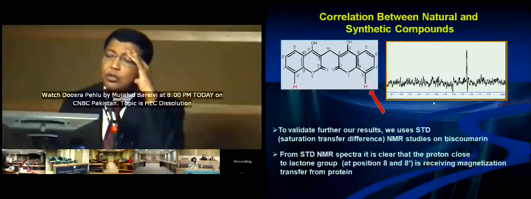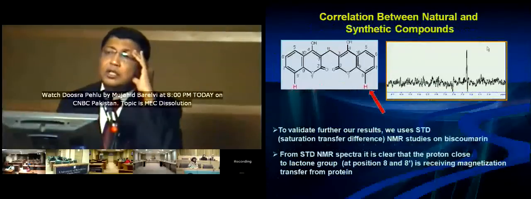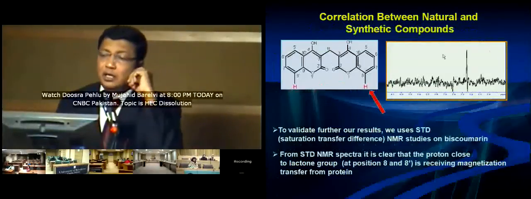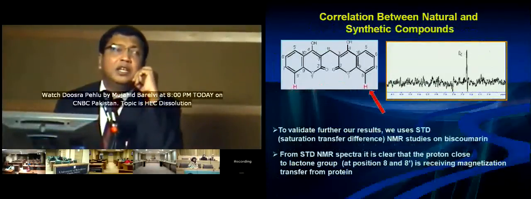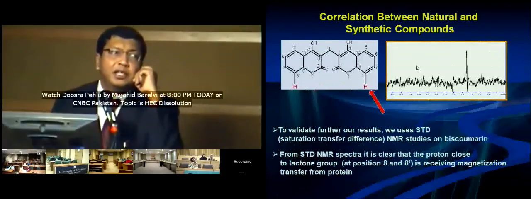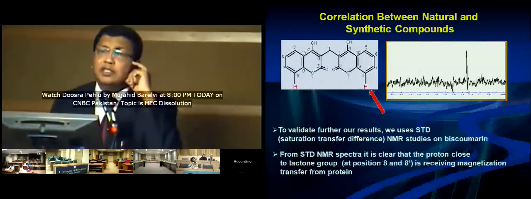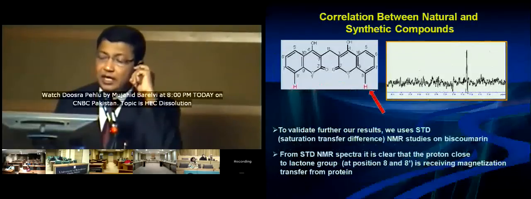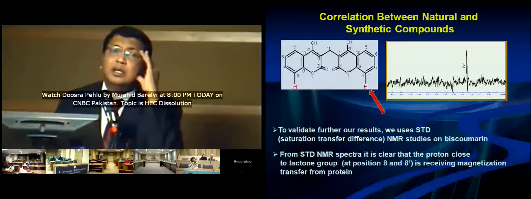It is a difference spectroscopy: a part of the urease was irradiated, a control experiment was conducted, a difference spectrum was taken, and then we identified that there are certain protons which have an increase in intensity.